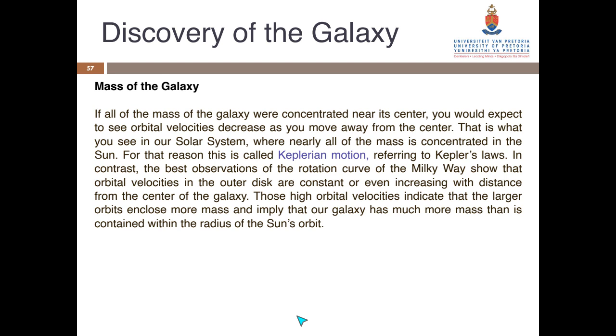In contrast, the best observations of the rotation curve of the Milky Way show that orbital velocities in the outer disk are constant, even increasing with distance from the center of the galaxy. And those high orbital velocities indicate that the larger orbits enclose more mass and imply that a galaxy has much more mass than is contained within the radius of the Sun's orbit.